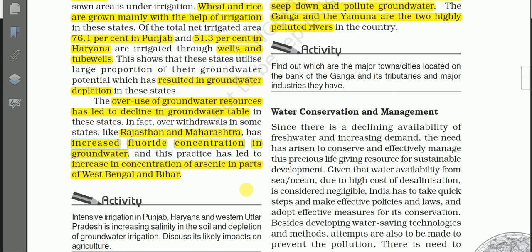So most of the irrigation done by the farmers is by making diversion channels only, and that too sometimes we don't get perennial water.